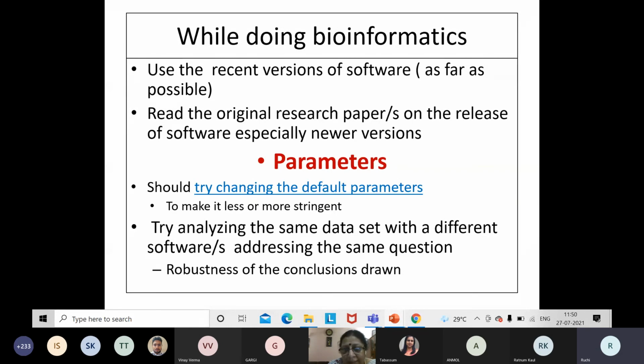They keep on doing analysis without altering the default parameters. Every parameter has some alternate values. Try to play around with that. By playing around with the parameters, you will be making your analysis either less stringent or more stringent. And you will really get to know a lot about your data, about your work.